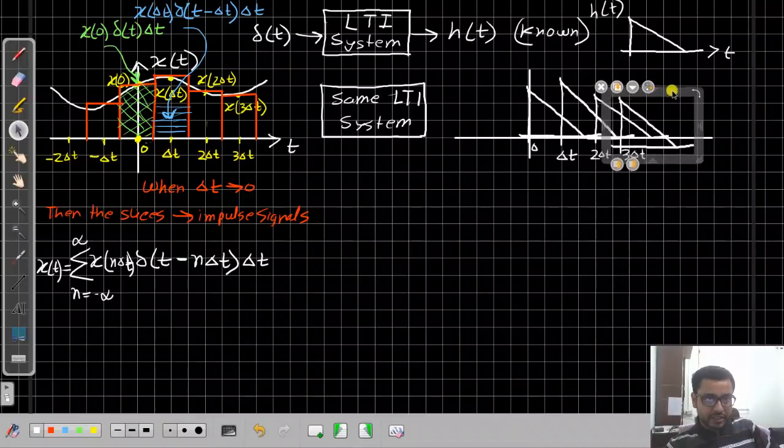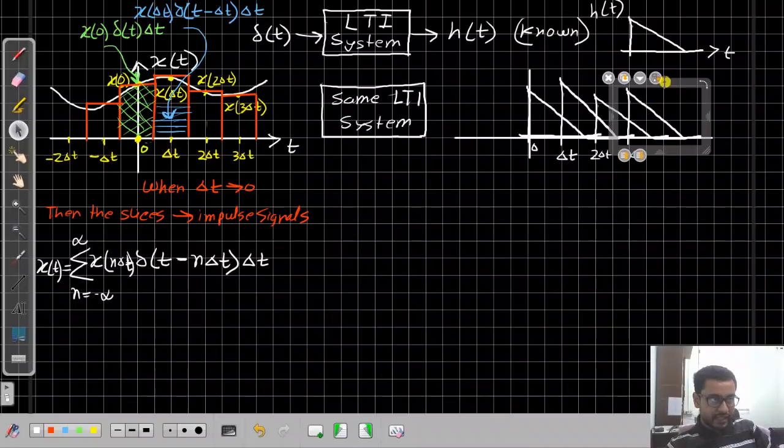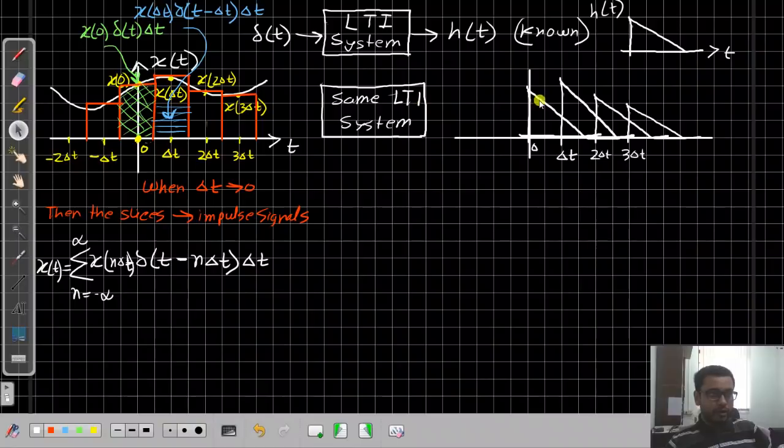Let me put it here and adjust the height. Like this. Okay, so this part is the output for this part.